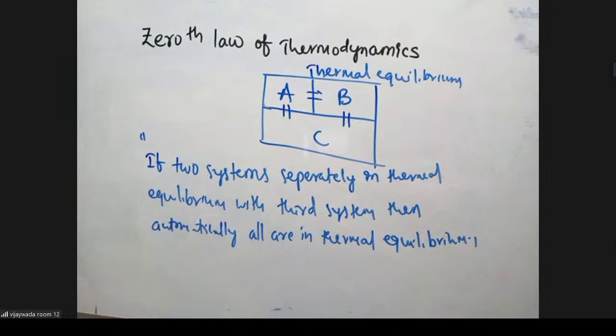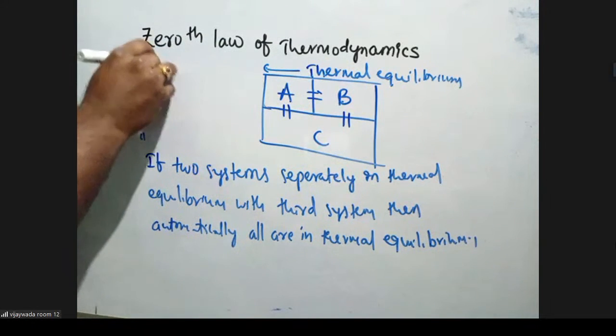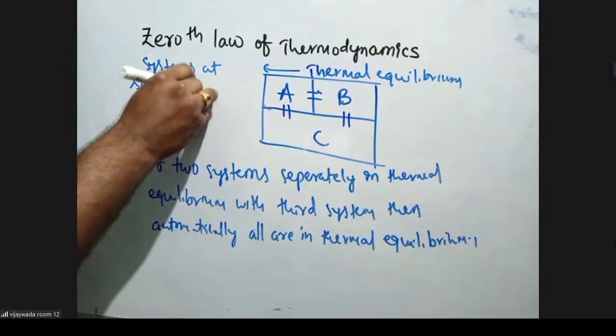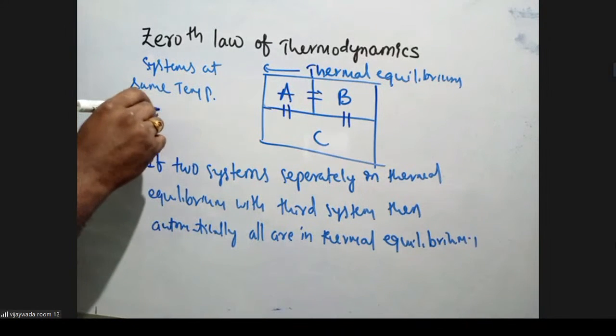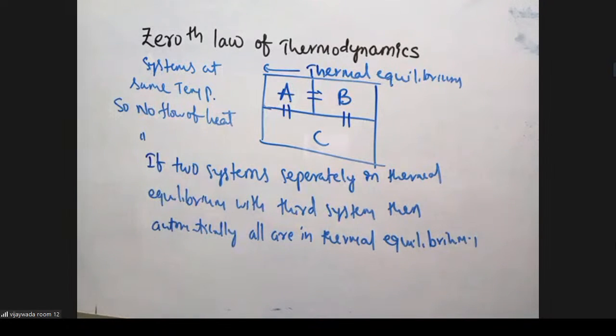So it is the zeroth law of thermodynamics. Thermal equilibrium means systems at the same temperature, so no flow of heat. All are in thermal equilibrium with each other.